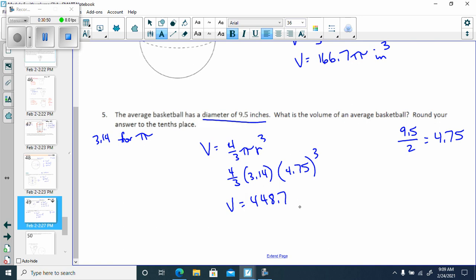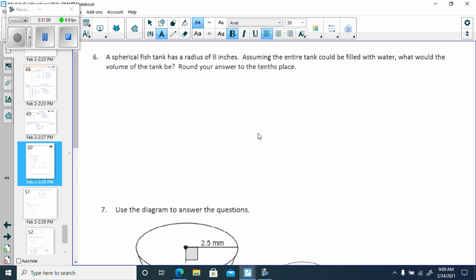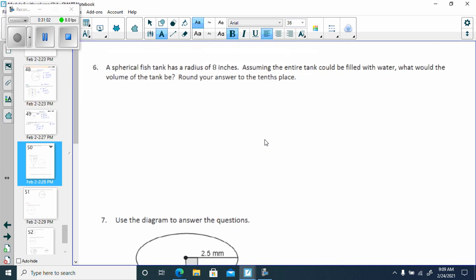And what are my units? Cubic inches. Inches cubed. Okay? All right. And then this would be number 6 on that homework stuff, which is page 141. Workbook page 141.